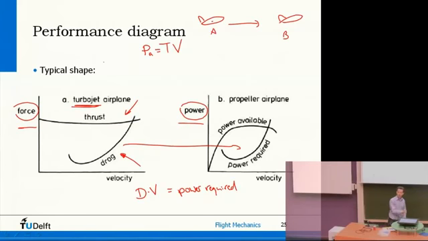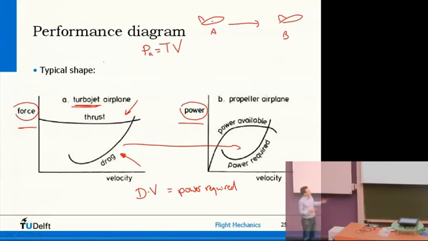Which one? The one on the left or the right? Well, the difference between thrust and drag is basically a force difference. So if you consider, let's say, you fly at this velocity and the drag is this much, and this is the thrust you can generate if you give full power, then this difference is a force difference, and that tells you basically F is m times a, how fast you can accelerate.